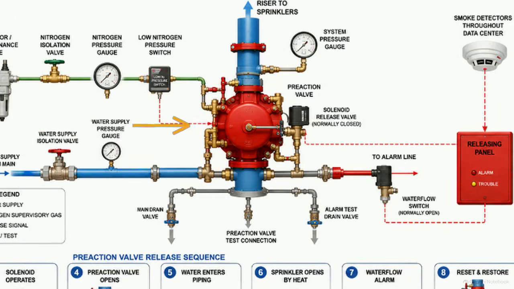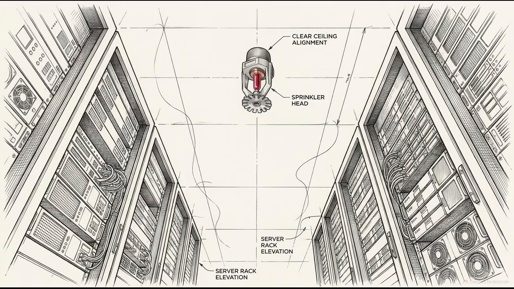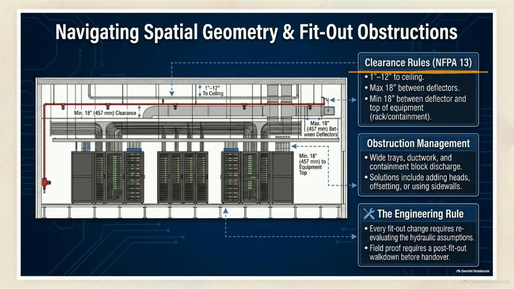This mechanical interplay is visible in the intricate design of the preaction valve trim. When the solenoid release valve opens, the main clapper drops, transforming the dry pneumatic zone into a pressurized wet zone. Beyond the valve operation, the water must also have a clear physical path to reach the hazard. NFPA 13 defines strict spatial geometry rules to ensure that water discharge is not blocked by fit-out obstructions.